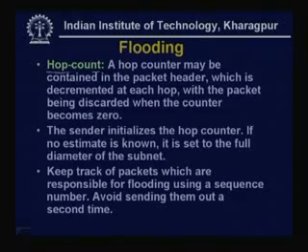That means the header has a count, and it is initialized with some value. You may be asking what value you should set. You can set some number, but if no number is known, then usually the full diameter of the subnet can be used. Essentially it is the worst case value.